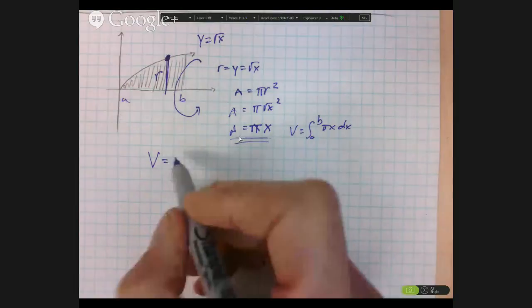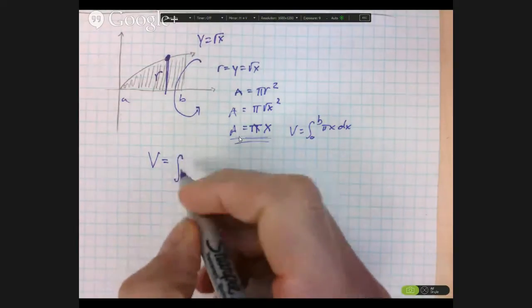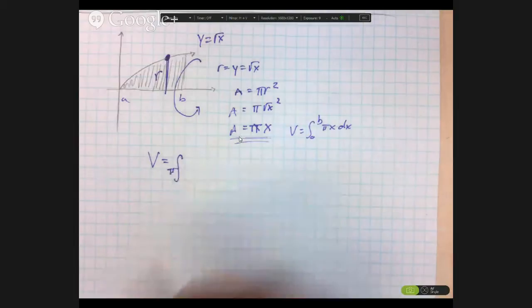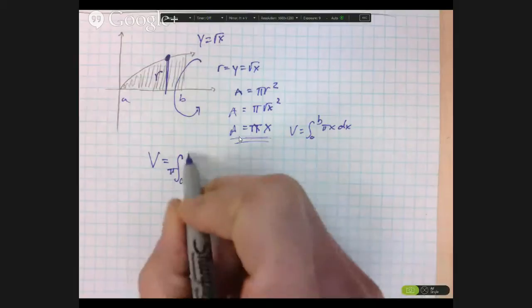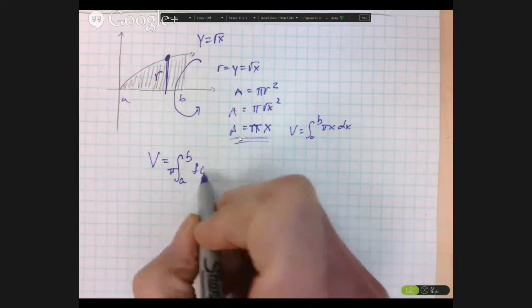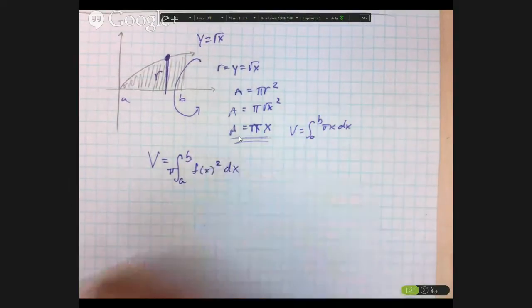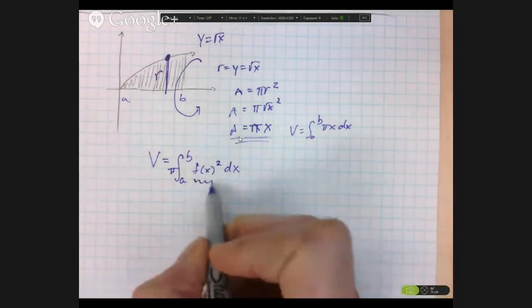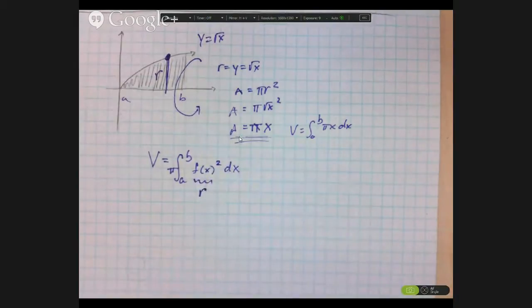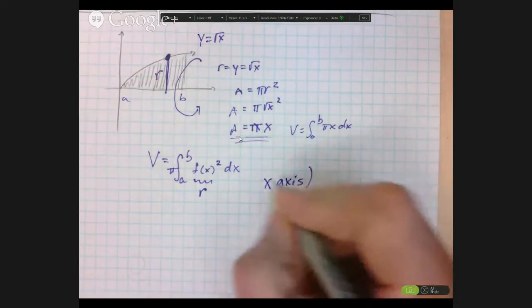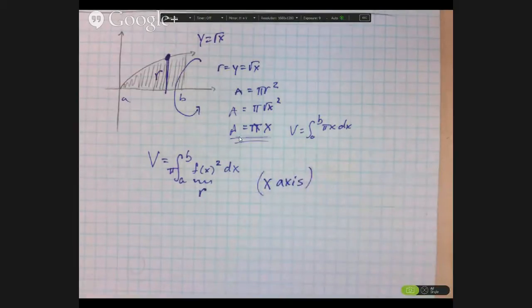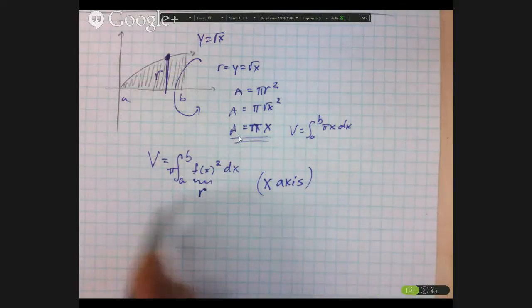So in general, volume is, I'll put the pi out front, and your radius is the function. Keeping in mind that's the x-axis, if we're revolving around the x-axis. So it's just another formula for us to use.